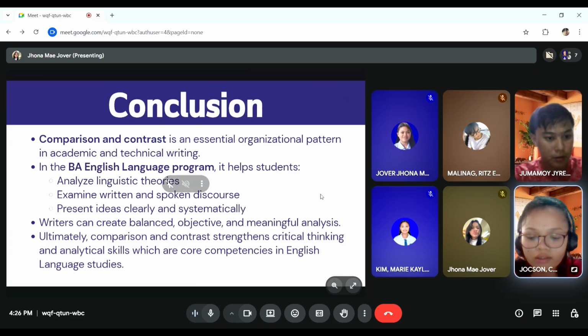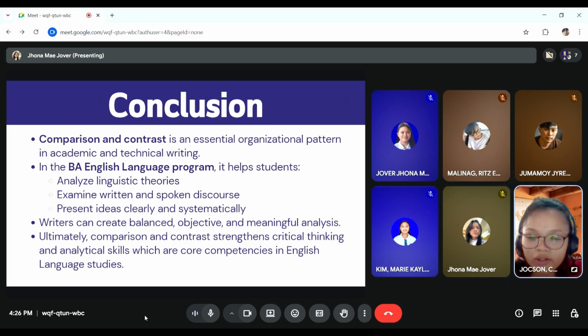Right. So again, thank you. So in conclusion, for our report, comparison and contrast is an essential organizational pattern in academic and, of course, technical writing. It is a fundamental analytical skill in the BA English Language program. Through this presentation, we demonstrated how spoken and written language can be systematically examined using clear criteria such as mode, permanence, planning, structure, vocabulary, and interaction.